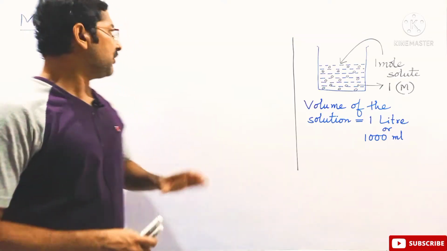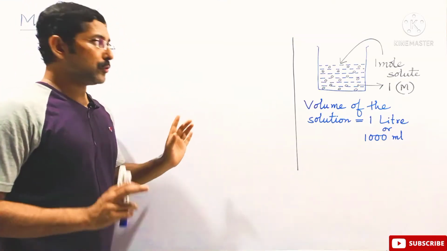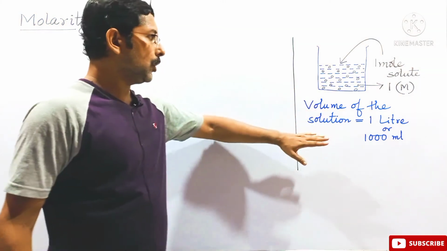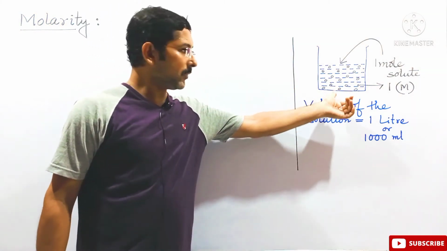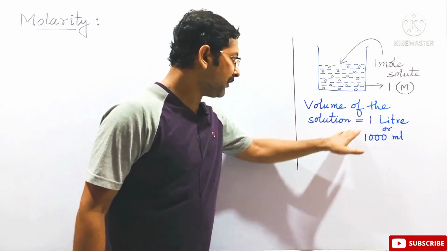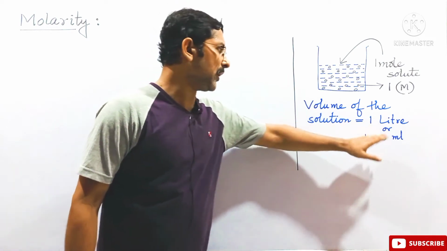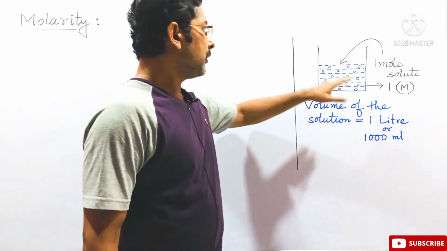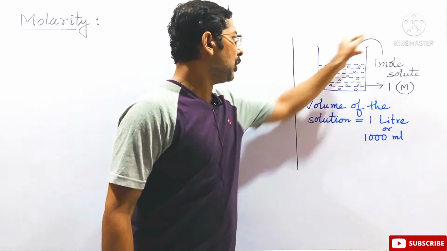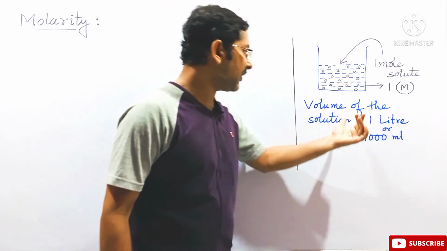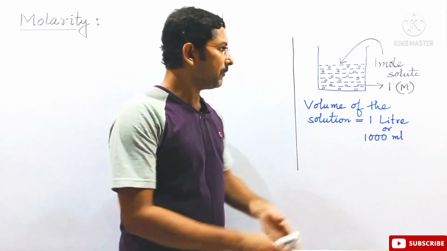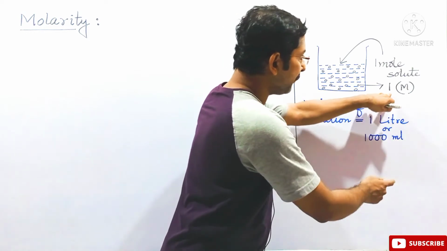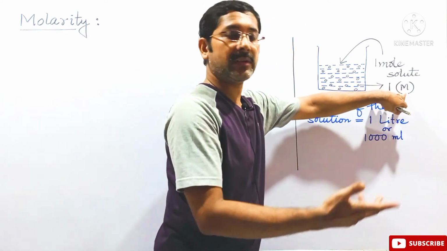Our first topic is molarity. So follow the diagram over here. Look, there is a solution where the volume of the solution is 1 liter or 1000 ml. So if 1 mole of solute is added to this 1 liter of the solution, the concentration of the solution will be 1 molar.